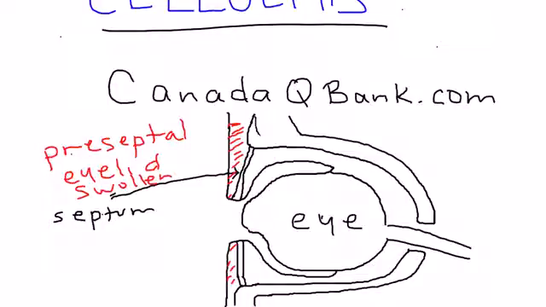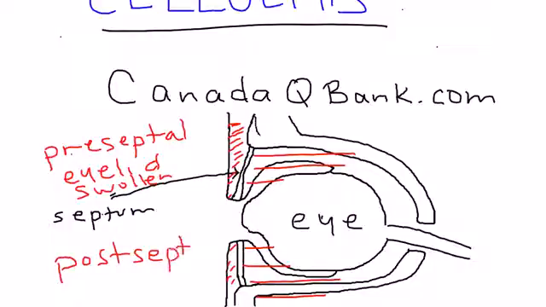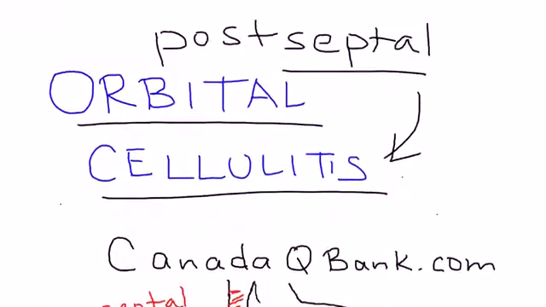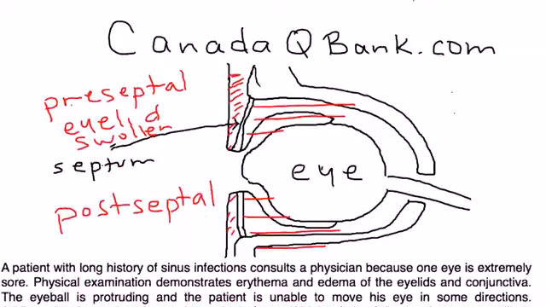Now, if anything comes after, well, you get the idea. Everything afterwards, that's postseptal. And that septum is really the key here, because if it's afterwards, it's very serious, and that's why it's called orbital cellulitis.